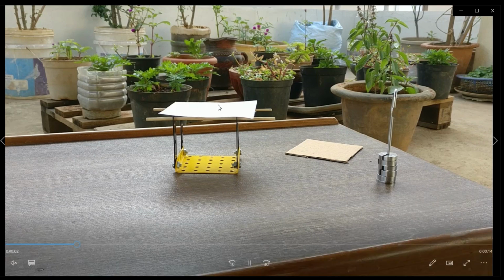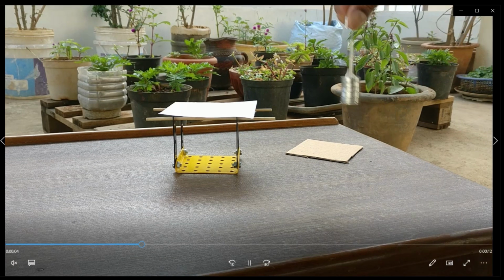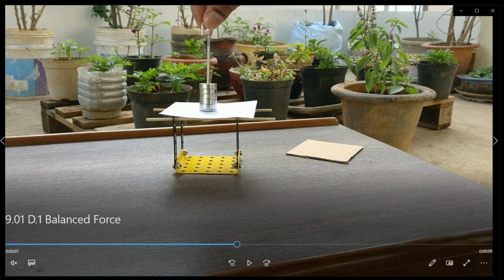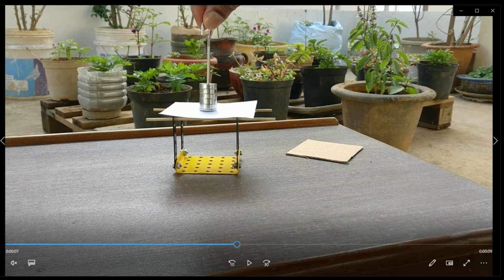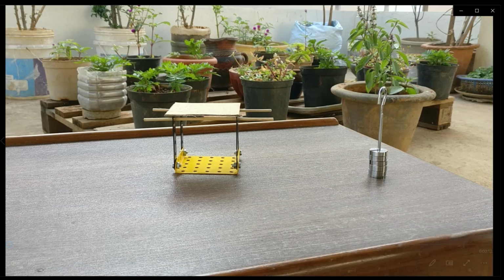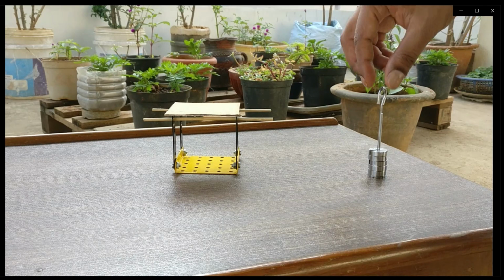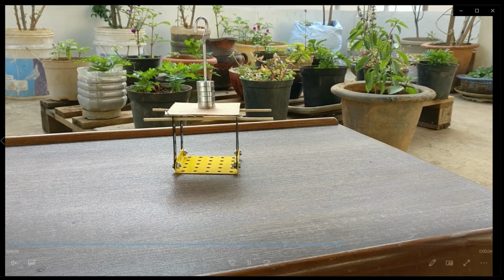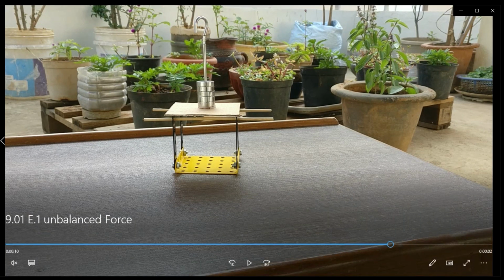So here I have a setup. I have a mass and, oh yeah, this is not the one. I have to go to the other one. This one. So in this case, we have an object kept on a particular surface.